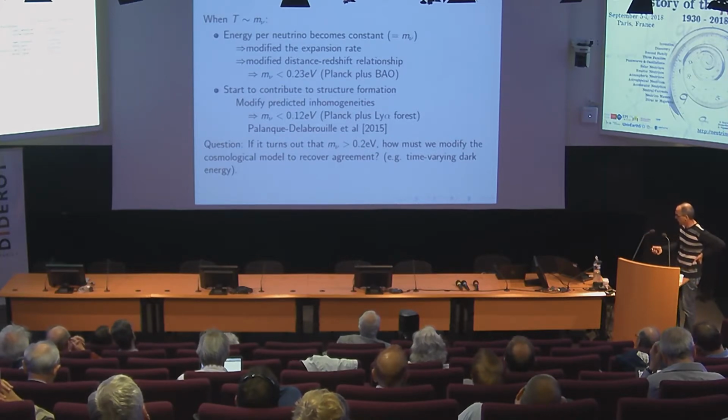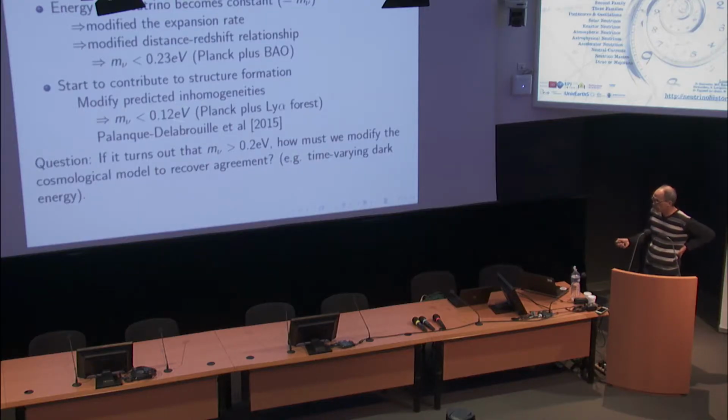And this is by my colleagues at Saclay, Nathalie Palanque-Delabrouille, in 2015. There are a few other groups and other techniques which give limits around there. This tends to favor the normal hierarchy, and it is hoped that the next generation of experiments will get that down to about 0.05.